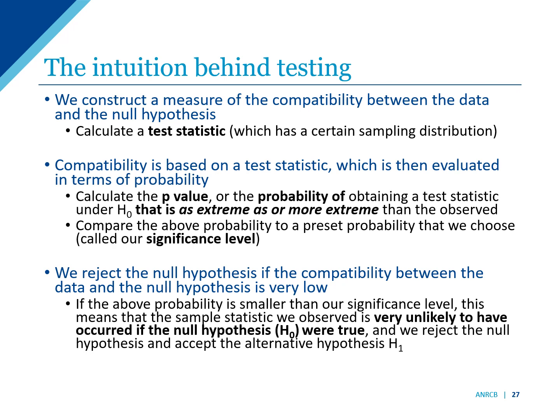We then reject the null hypothesis if the compatibility between the data and the null hypothesis is very low. We use a significance level to indicate how low the probability would need to be for us to find the observed value if the null hypothesis is true.